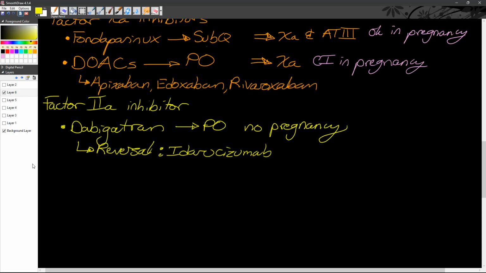We put them on dabigatran, and then all of a sudden they get hit by a car, and now they have to go into surgery. Well, we can give idarucizumab in order to reverse the dabigatran and prevent the complications from them having this anticoagulant in their body. So dabigatran has its role there.